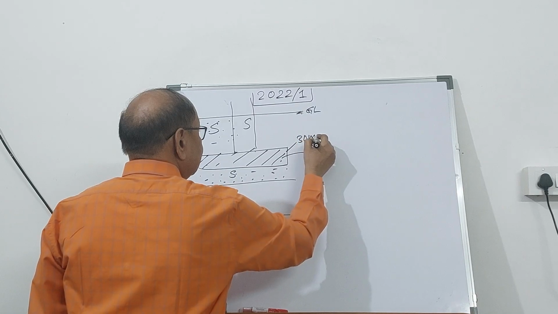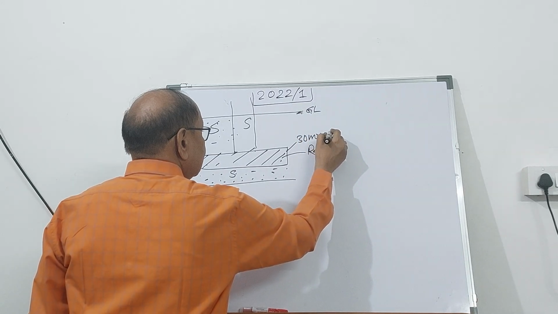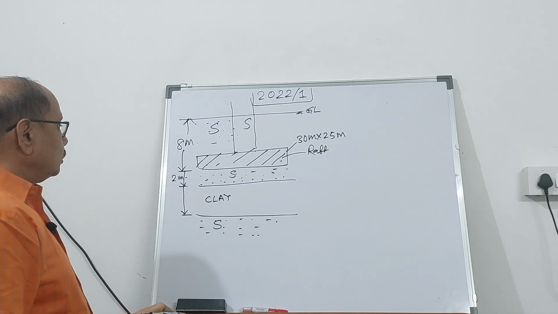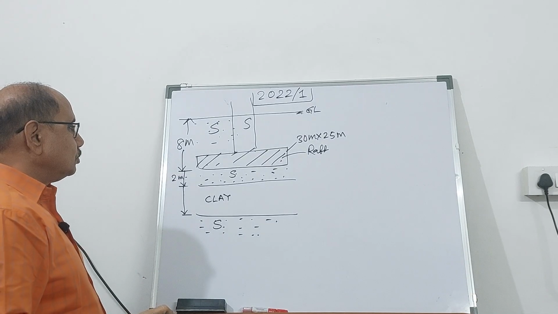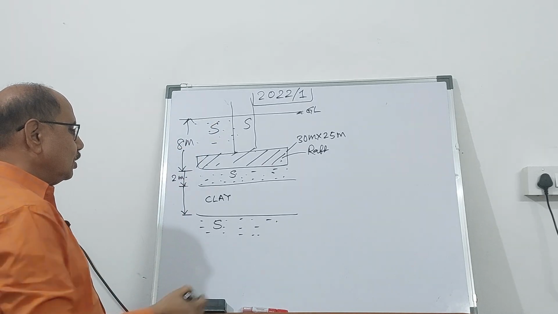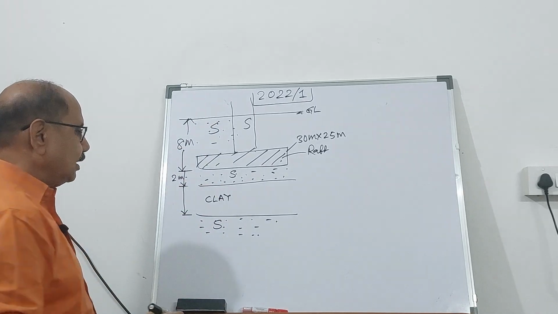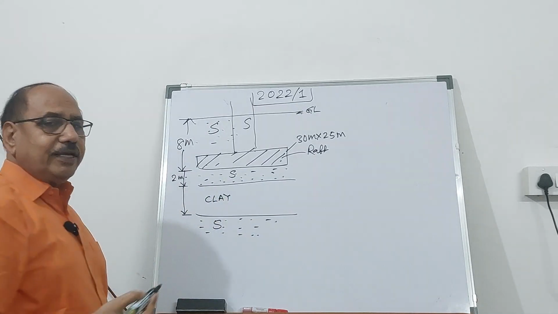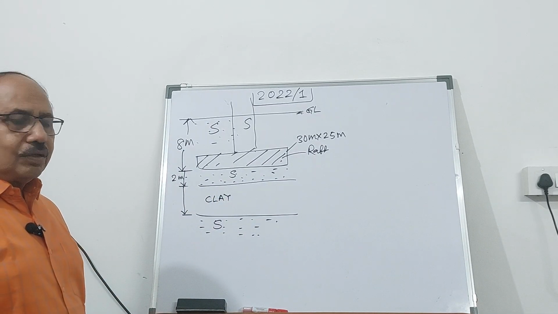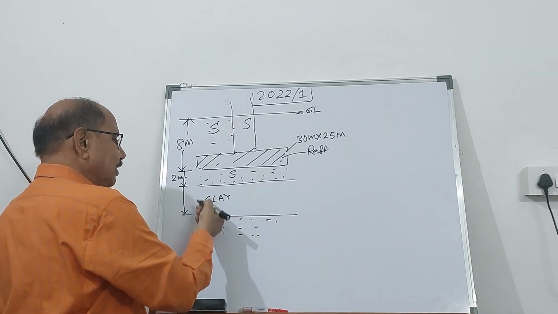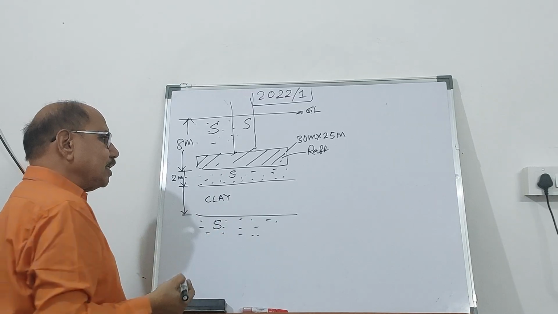So this raft is 30 meter by 25 meter. So the pressure bulb is going deeper, and the clay is going to be compressed, and the settlement here is consolidation settlement.